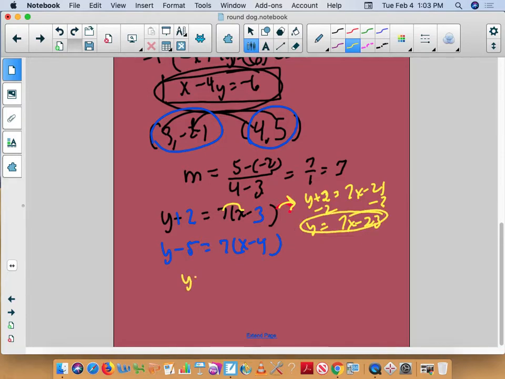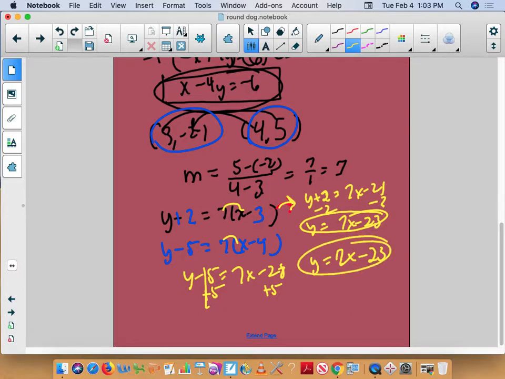On this one, I have y minus 5 equals 7x minus 28. I'm going to add 5, and I get y is equal to 7x, a -28 and a +5 is -23. Do you see it did not matter which point I filled in? I get the same equation either way, okay?